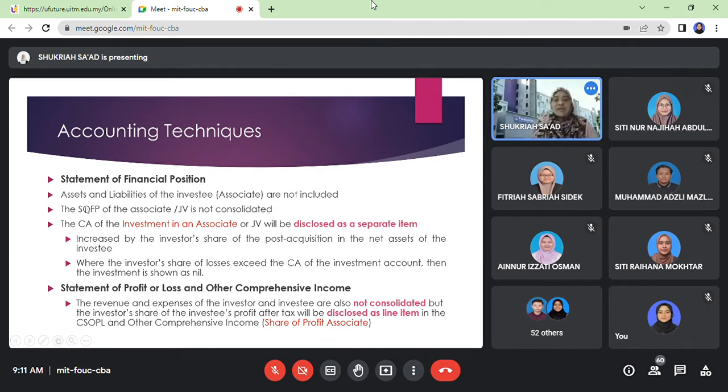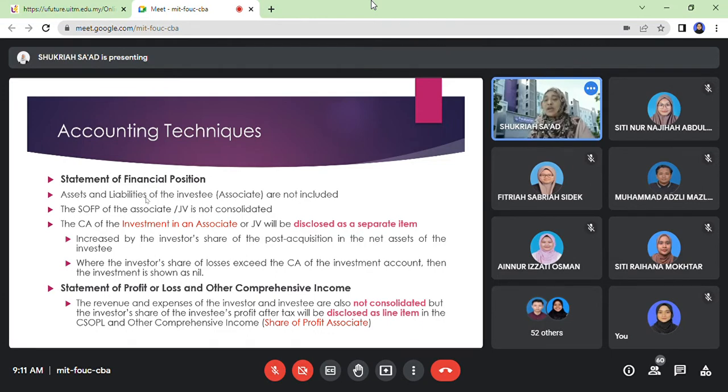And the SOFP of the associate is not consolidated, meaning that if you already identify that the investee is an associate, then in order to prepare the consolidated statement of financial position or any other statement, that entity should not be part of the consolidated financial statements.